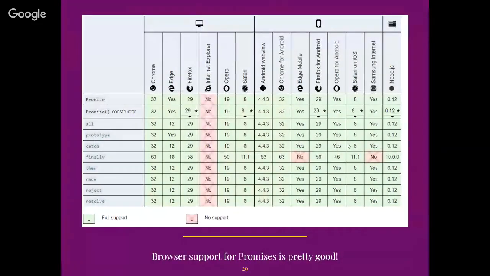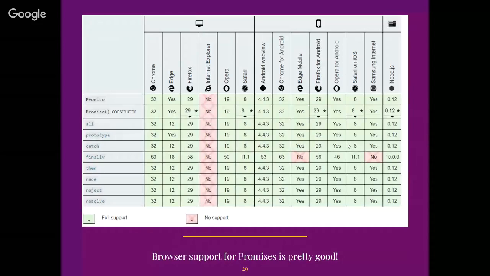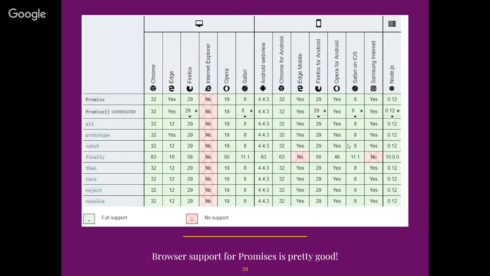The good news is that the browser developers have been hard at work integrating promises into pretty much all the modern browsers, which means that we can freely use them pretty much everywhere. We should keep in mind, however, that there is an issue for some versions of the Edge mobile browser here, as you can see, and the Samsung Internet browser.